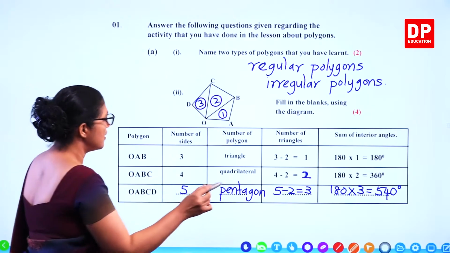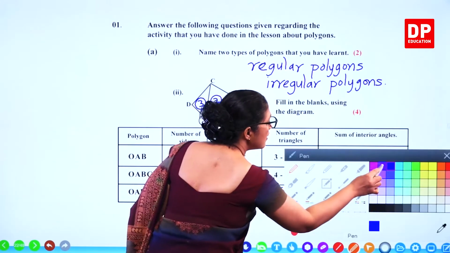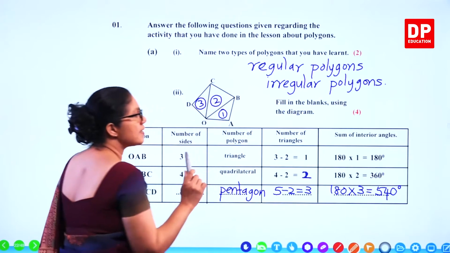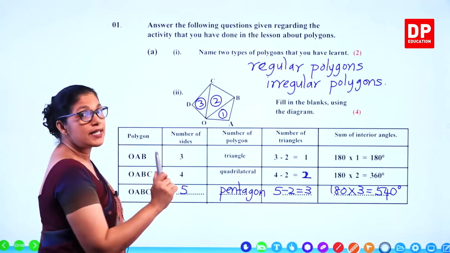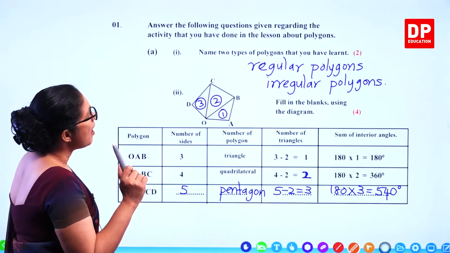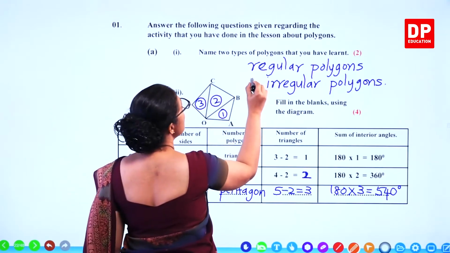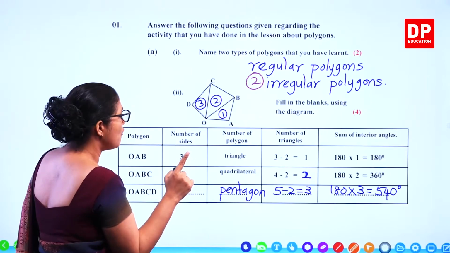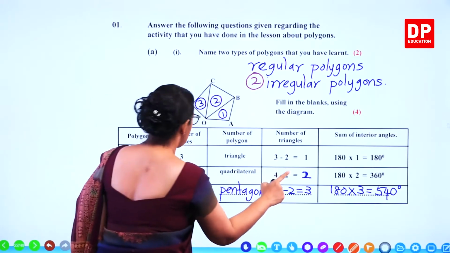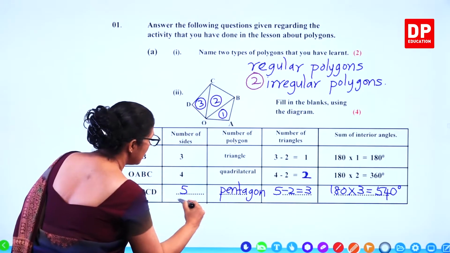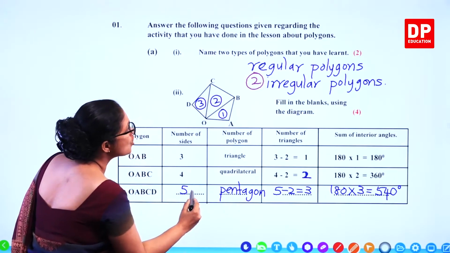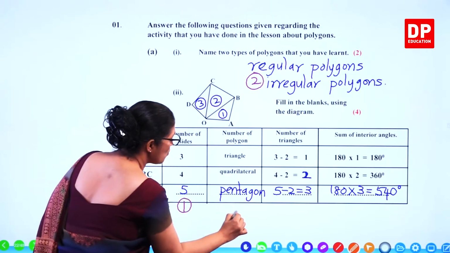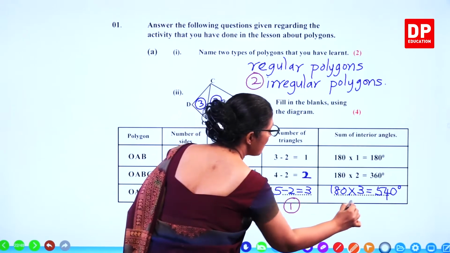That's the value for the sum of angles in a pentagon. So how many marks are you getting? 2 marks for this and here 4 marks, 1 mark each. 1, 2, 3, 4.